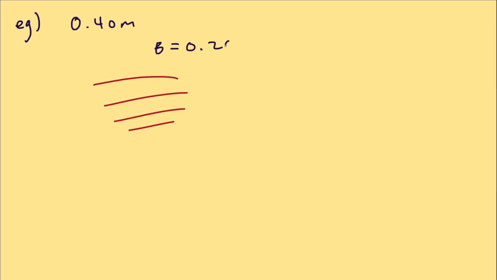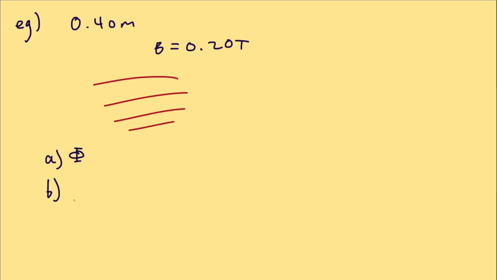Here's an example problem. A square loop with a side length of 0.4 meters is placed inside a uniform magnetic field of 0.20 teslas. Let's solve for three things. First, what is the magnetic flux through the loop when the field is perpendicular to its surface?